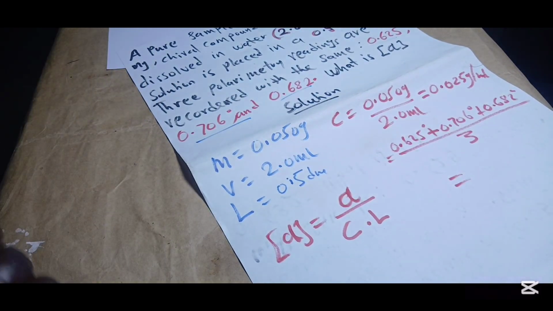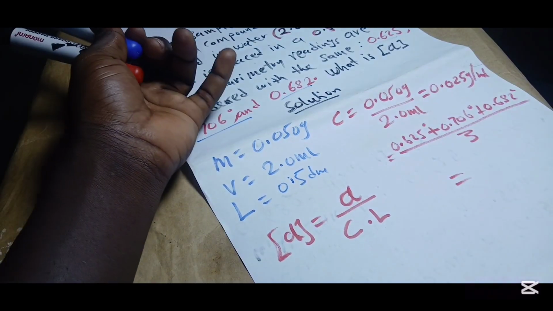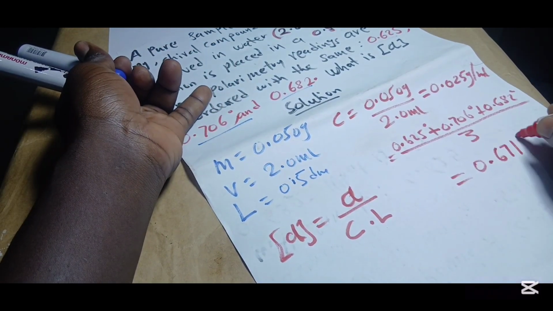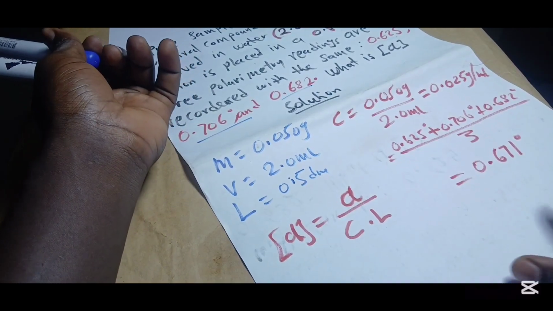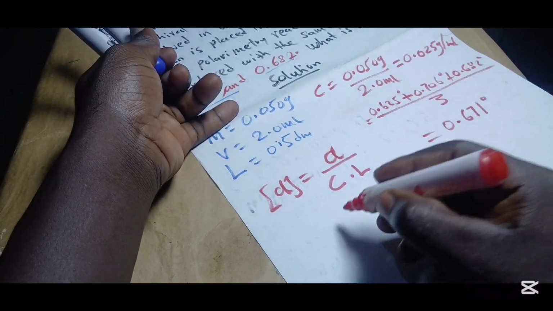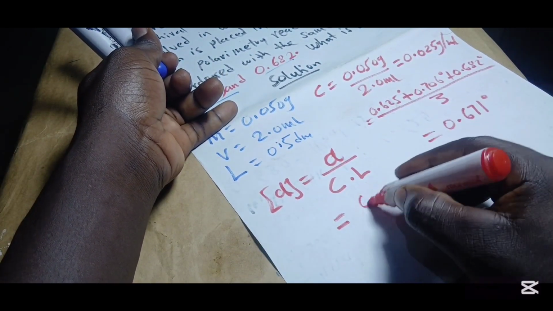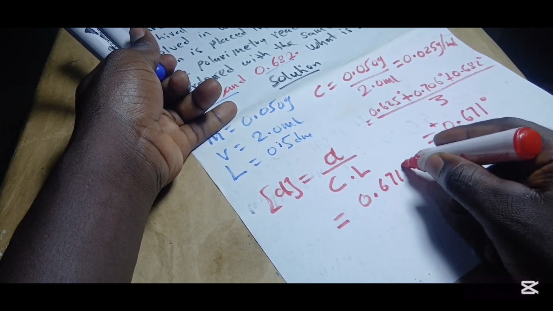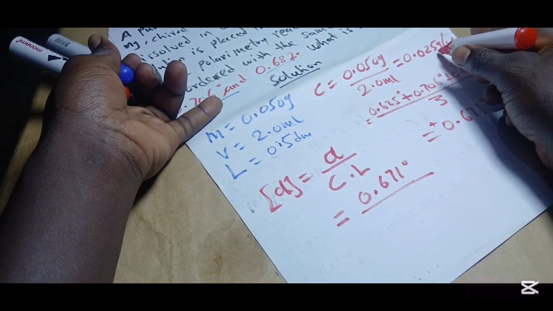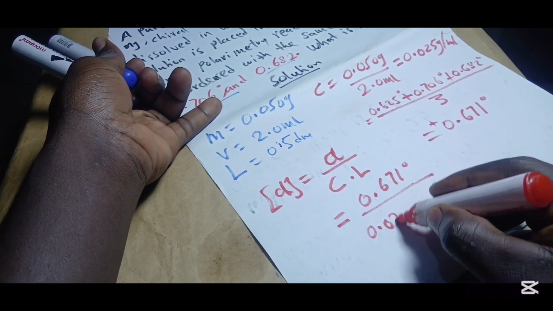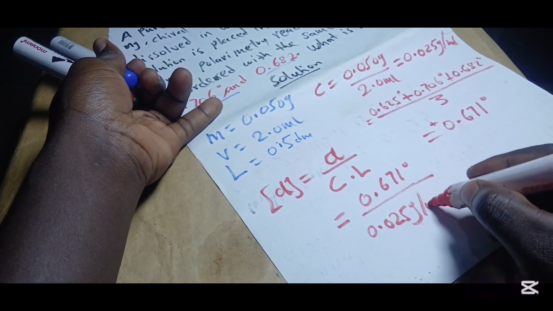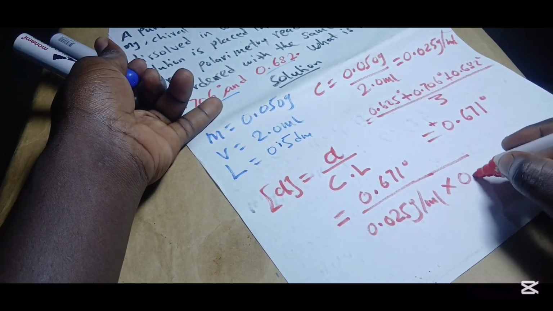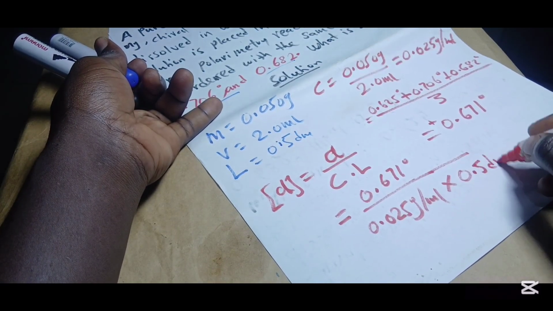So this will give us 0.671 degrees. That is the average observed rotation. So now we can continue with our calculation. It is positive: 0.671 degrees divided by concentration, which is 0.025 grams per ml, multiplied by path length, which is 0.5 decimeters.